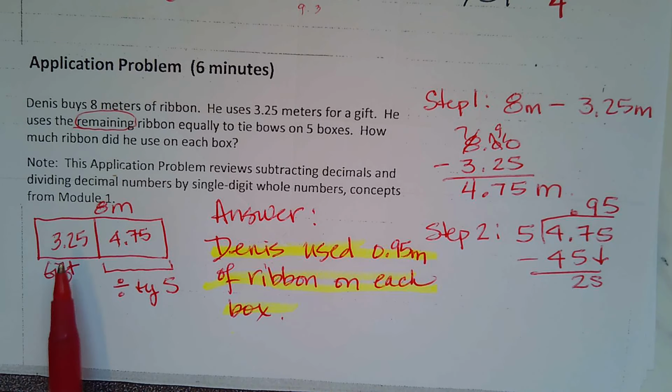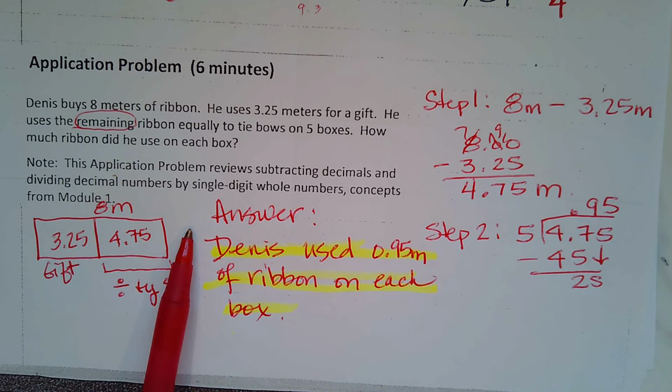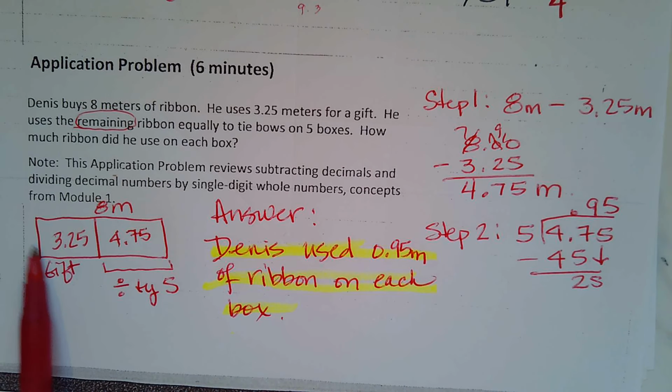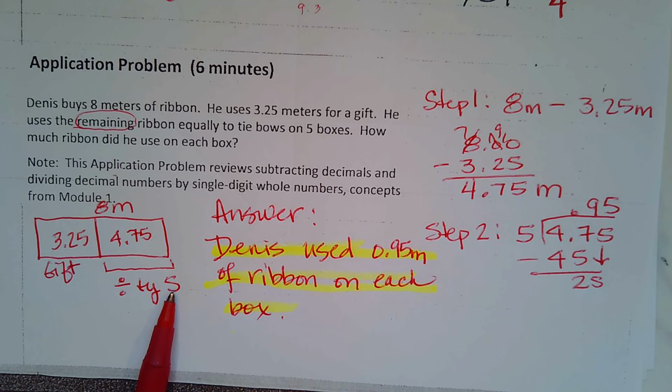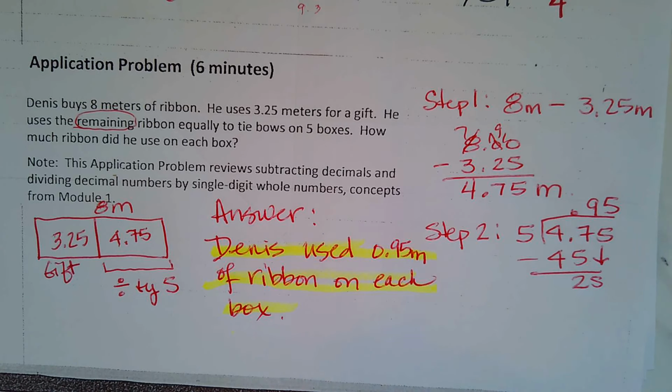So here's a picture of it. Here's 8 meters altogether. 3.25 meters were used on a gift, and the remaining is 4.75 meters. And I have to divide this by 5 other boxes. So 4.75 divided by 5, and you end up with 0.95.